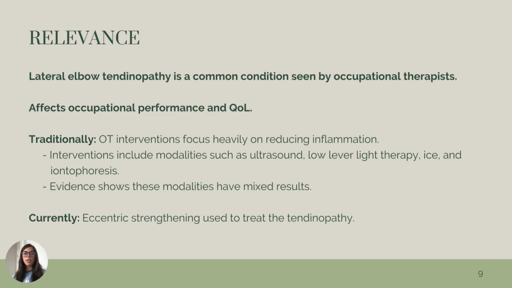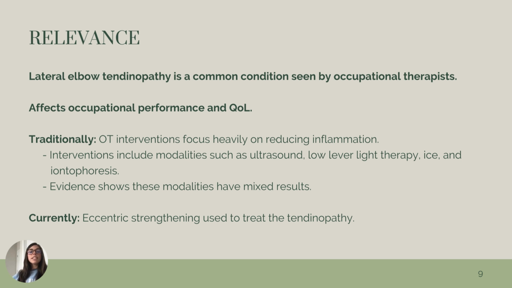For lateral elbow tendinopathy, this used to be focusing on reducing inflammation. Interventions during therapy sessions focused on modalities such as the ones I have listed: ultrasound, low level light therapy, ice, and others.